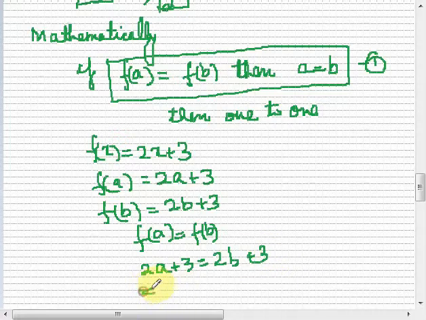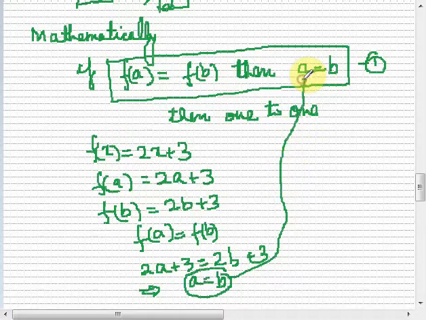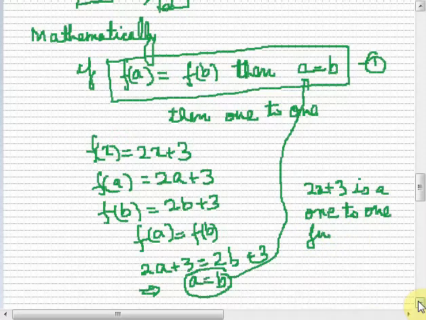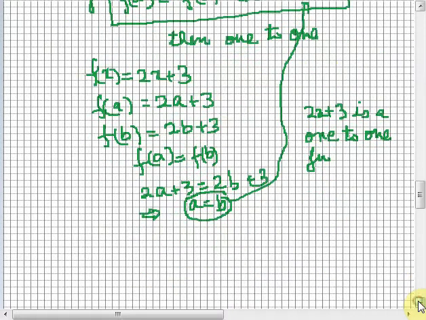This implies a = b. So 2x + 3 is a one-to-one function. Similarly, other functions can be checked for one-to-one.